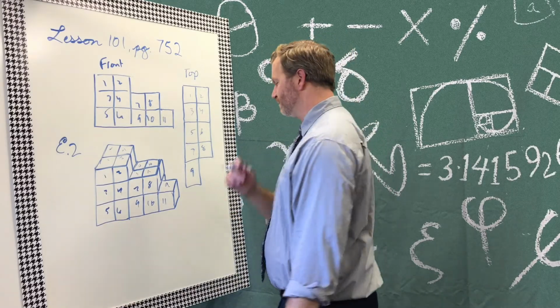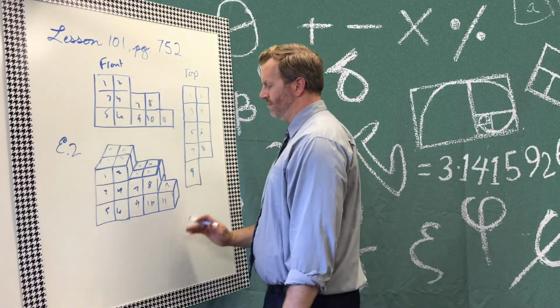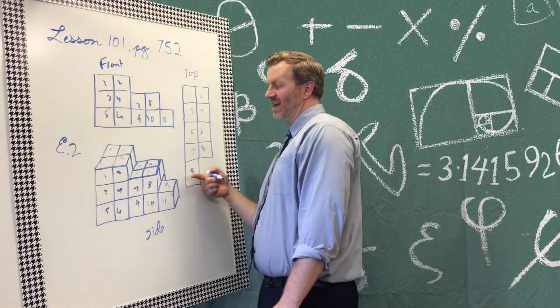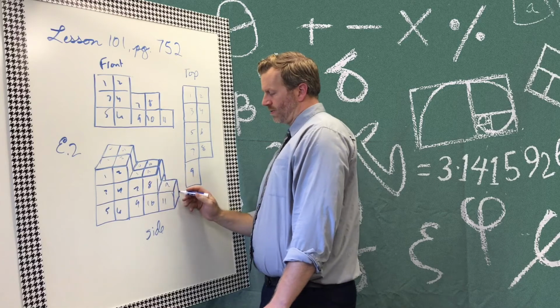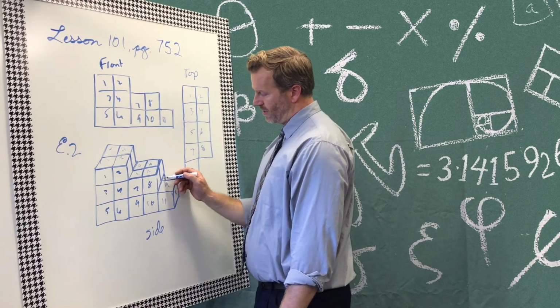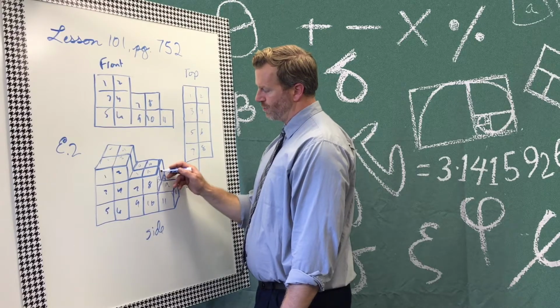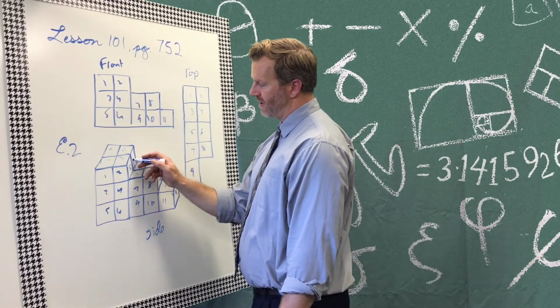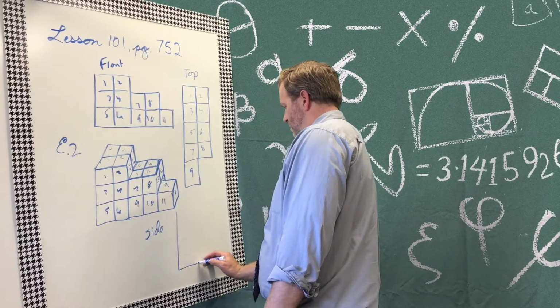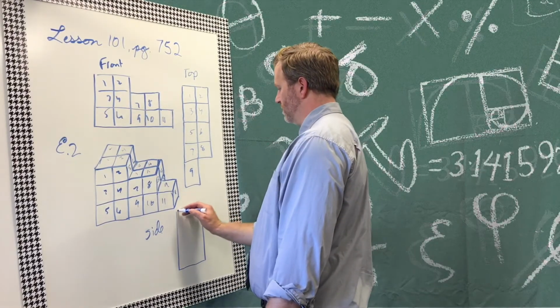It's a tough one. Now this time, for our side view, we're looking at these sides. So we're going to see this guy, 1. We're going to see this little dude over here, 2. And then we're going to see 3 and 4, and then 5 and 6. So this side is going to be 3 tall.